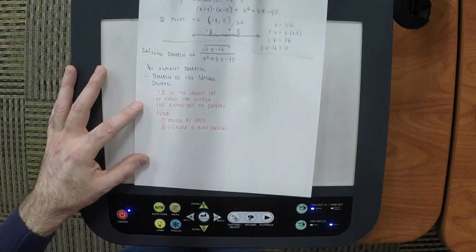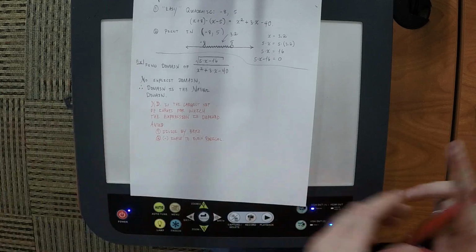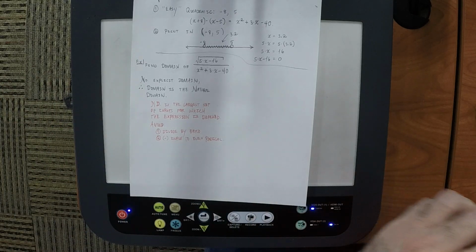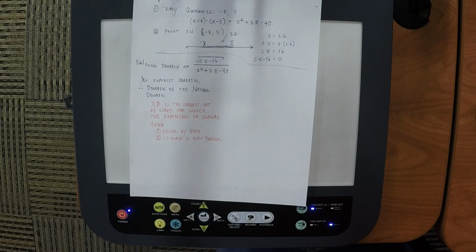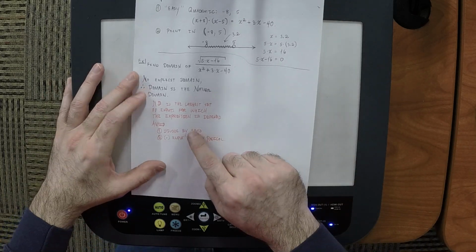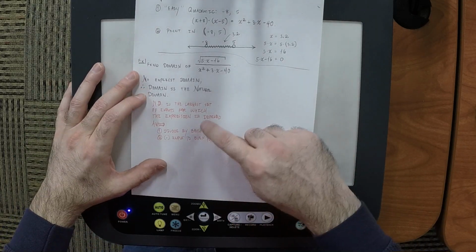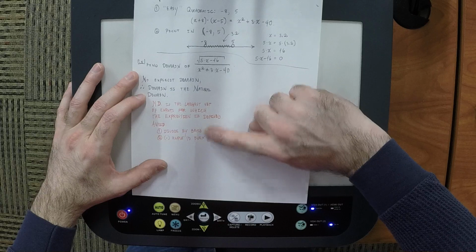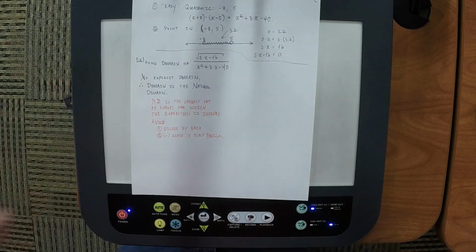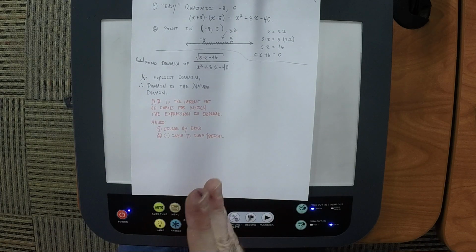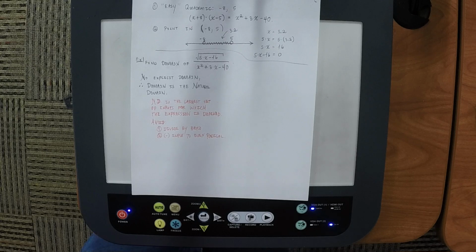Now, we've done several exercises that amount to find the natural domain before. But if you look back, it's always been the case that it was one of those, but not these, or the other way around. It was either there were divisions by 0 and no radicals, or there were radicals but no divisions by 0.